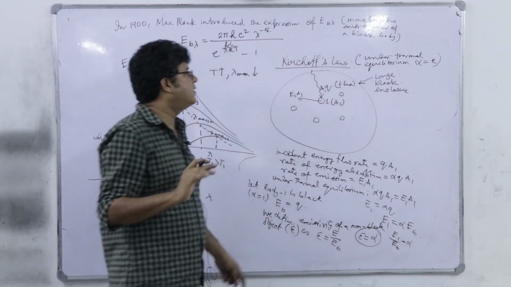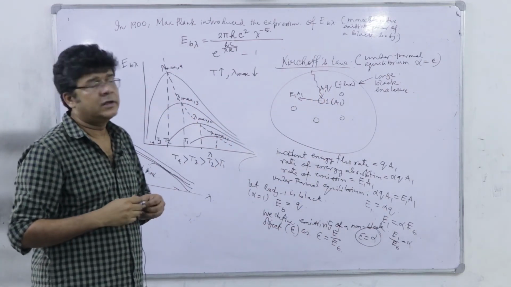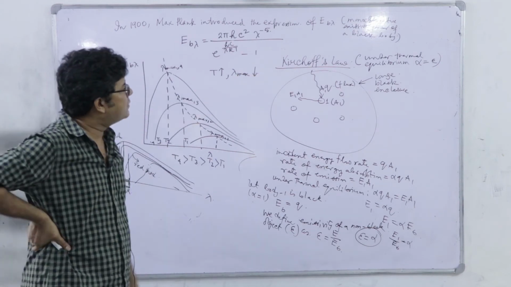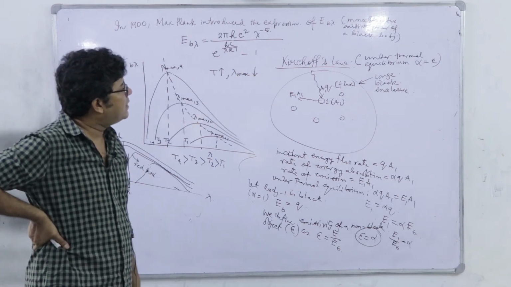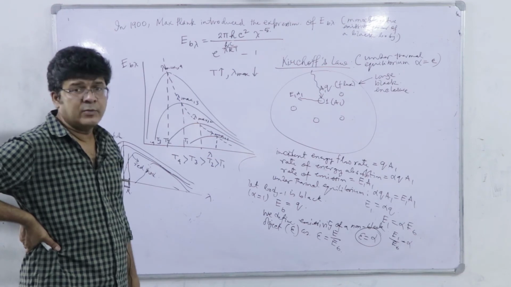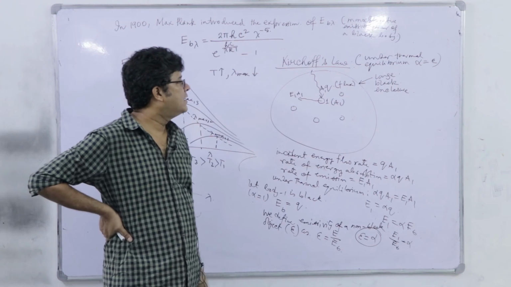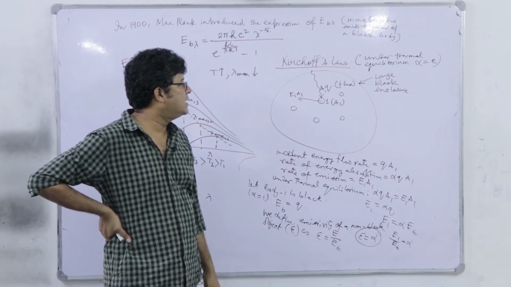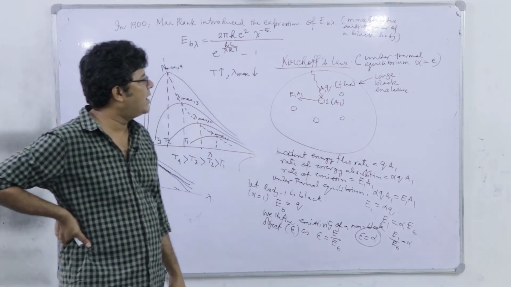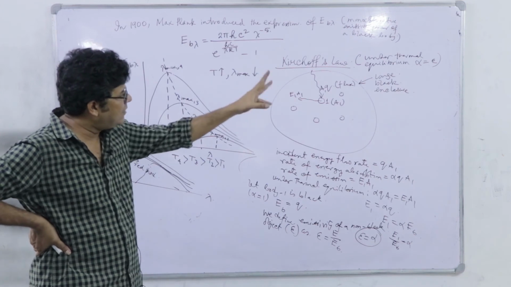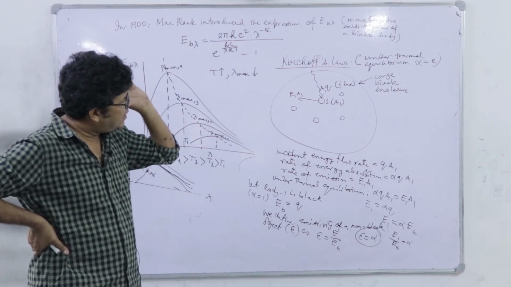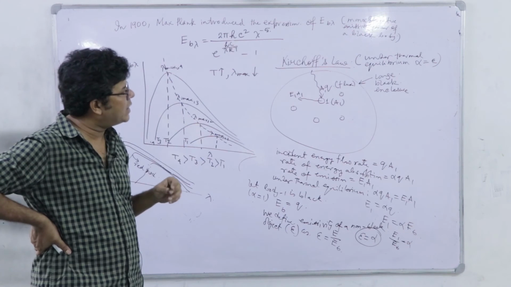Strictly, under theoretical constraint, we should apply this equation only under the condition of thermal equilibrium. But you see, this alpha is less dependent on the temperature or wavelength, same as epsilon. This alpha is specifically least dependent on temperature.